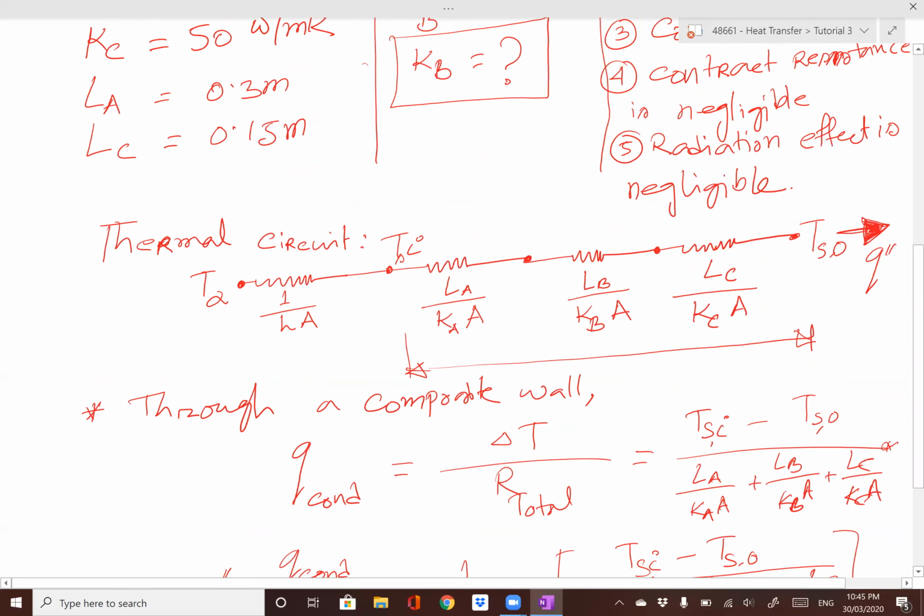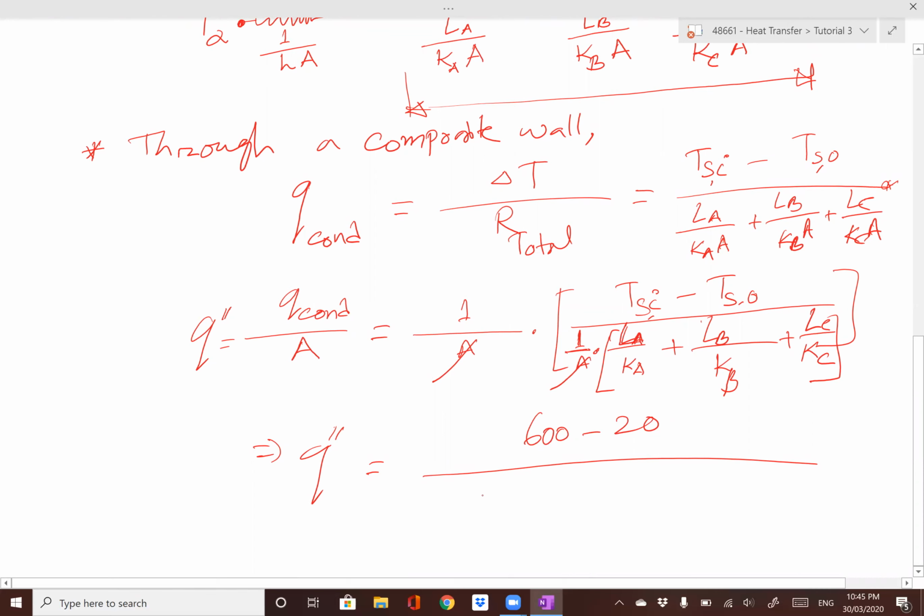So 600 minus 20, divided by length for material A, 0.3 meters, over thermal conductivity 20, plus length for B, 0.15, and thermal conductivity for material B is unknown.